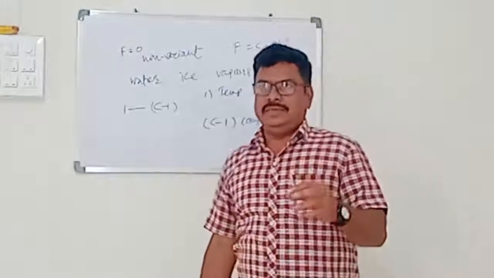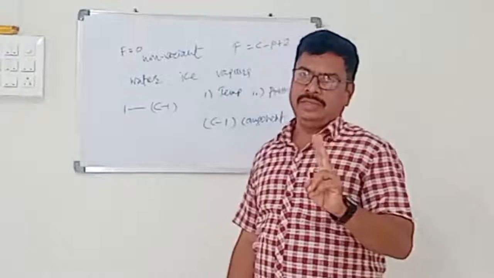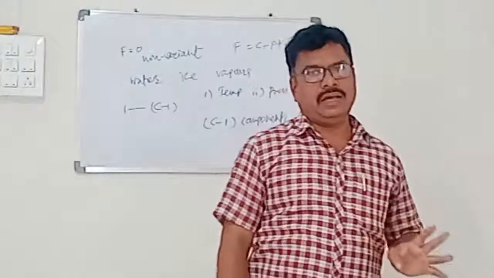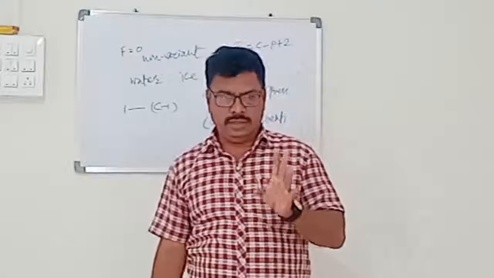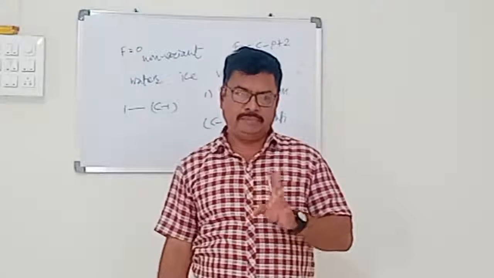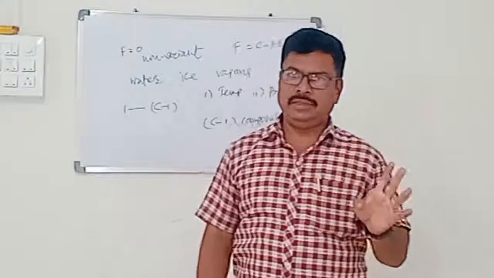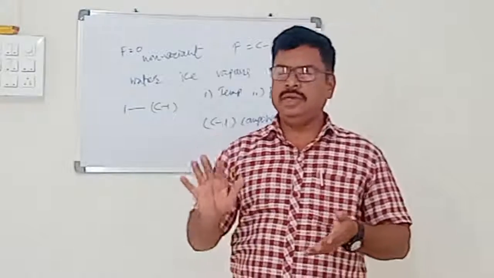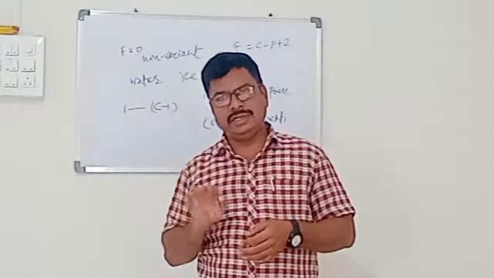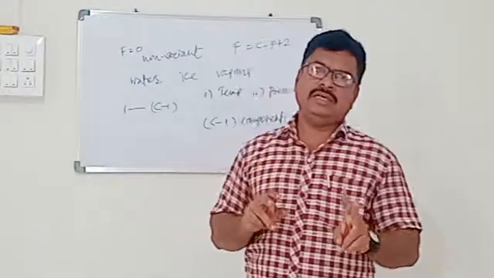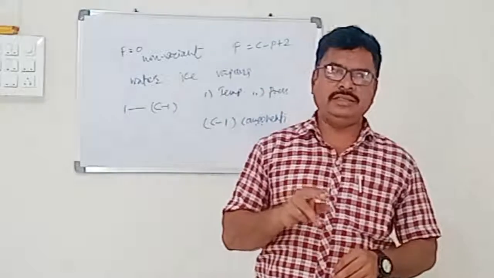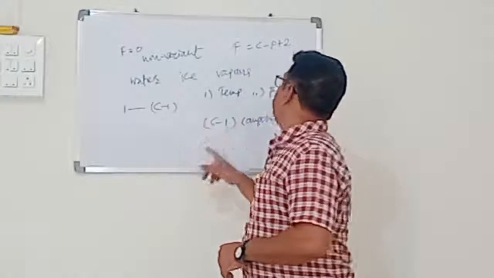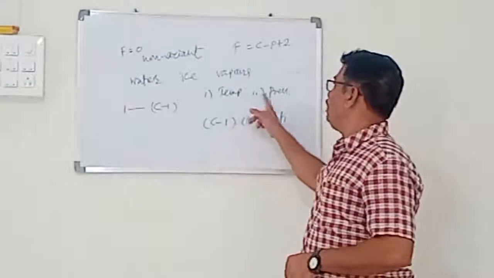For any system, two variables are always important. Those variables are pressure and temperature. Whatever system you take for the study, two variables are always there, and these two variables are pressure and temperature.